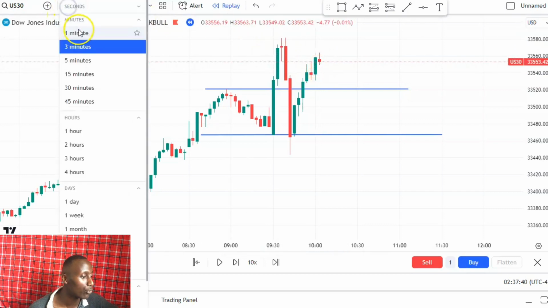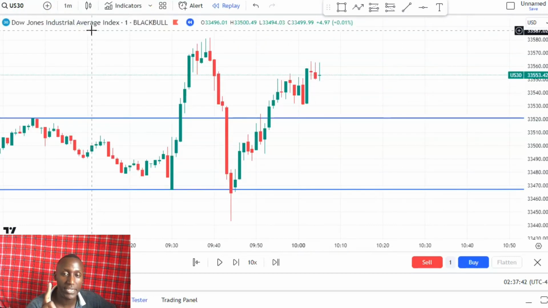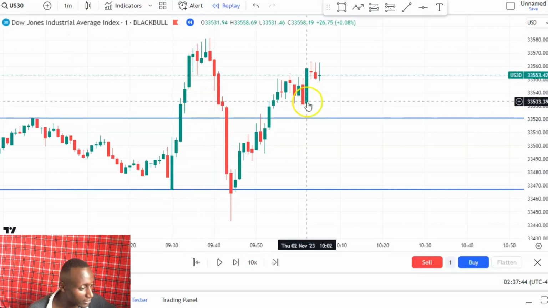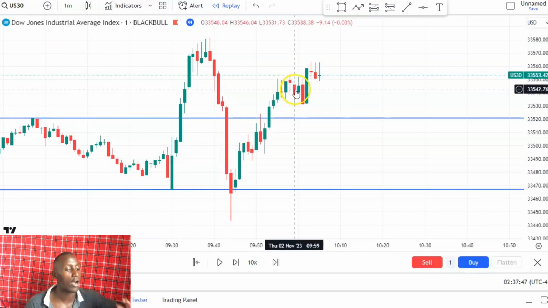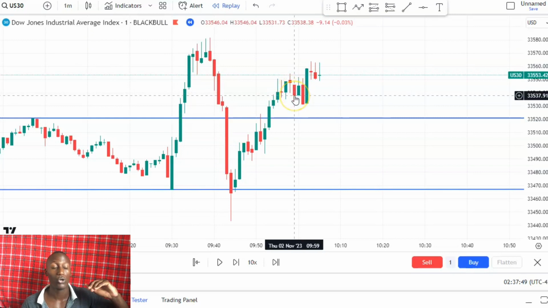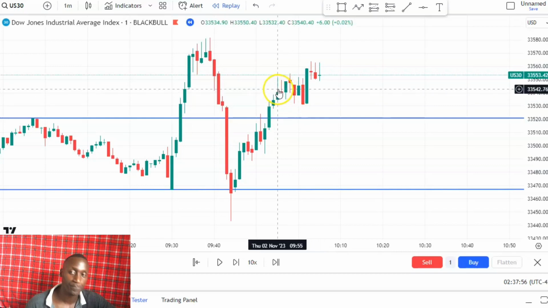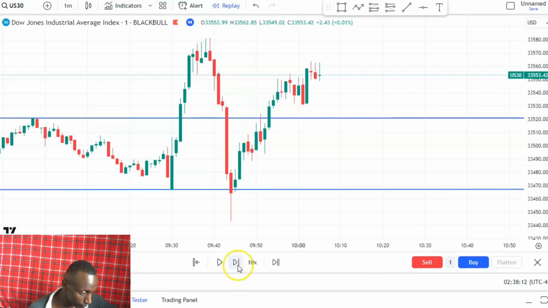This is where I go to the 1-minute time frame. And in the 1-minute time frame, I am looking for an opportunity to go long by looking at an engulfment candle. And that engulfment candle is very, very specific. I want to see 3 or more consecutive candles so that I can be sure that engulfment candle is valid. All right.